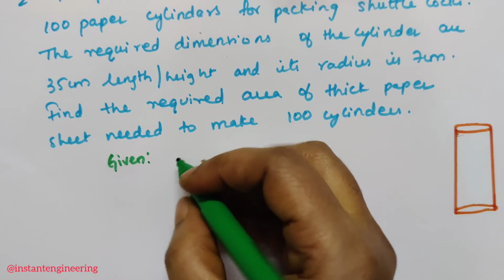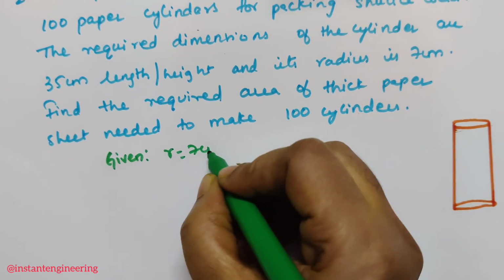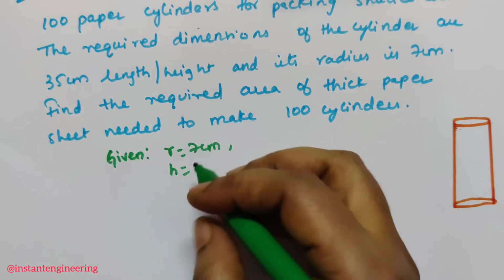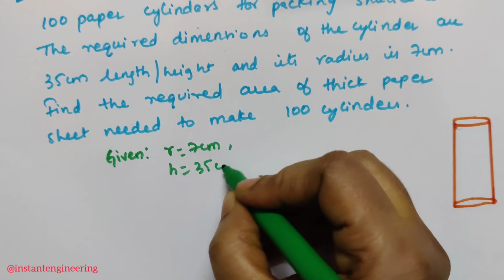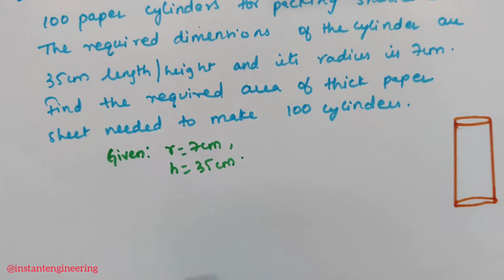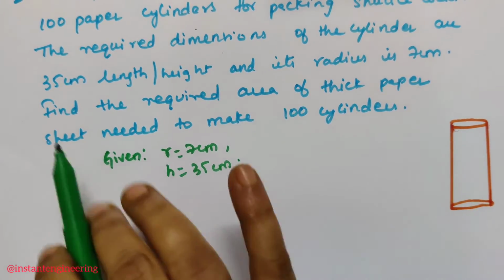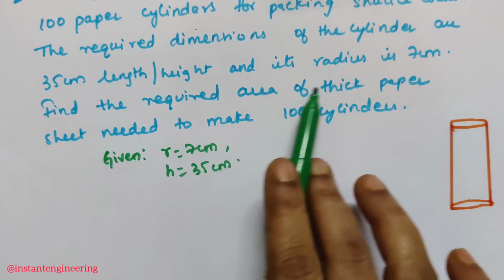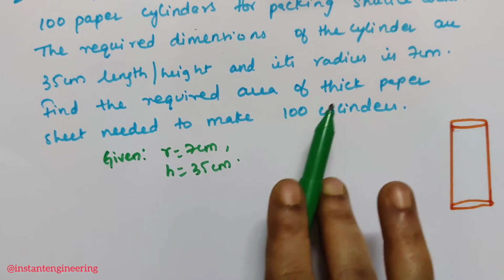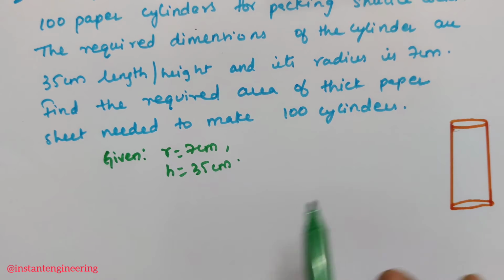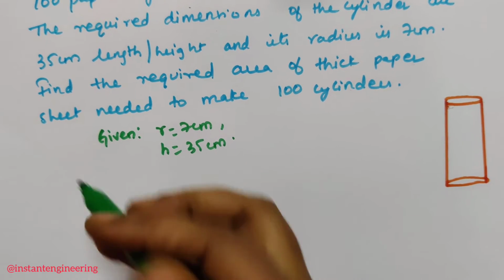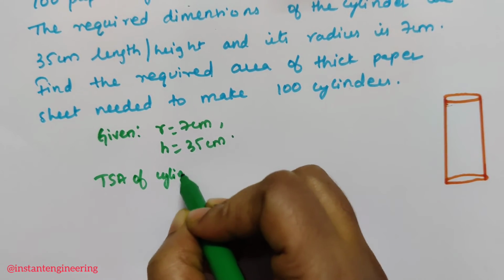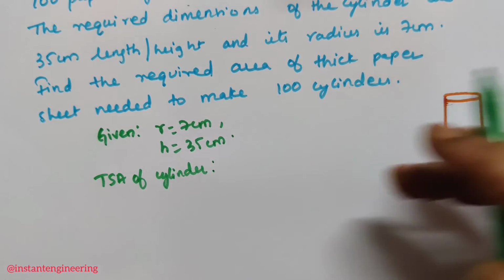The given conditions: radius is 7 centimeters and height is also 35 centimeters. We have to prepare 100 cylinders for shuttlecocks. He requires the complete area now, so that means the total surface area of the cylinder.